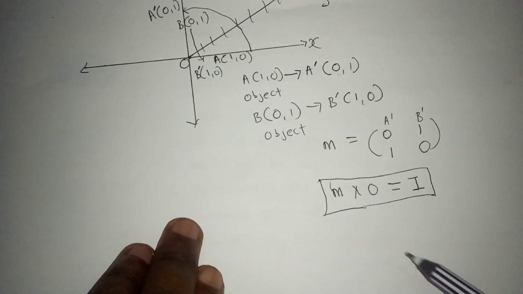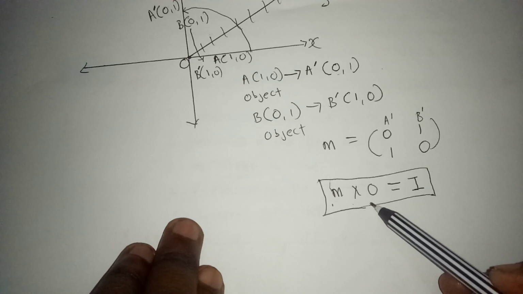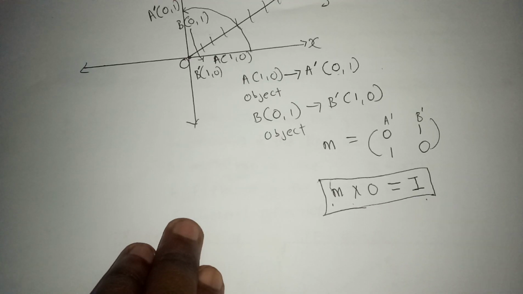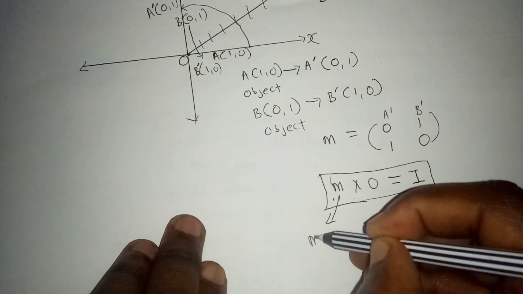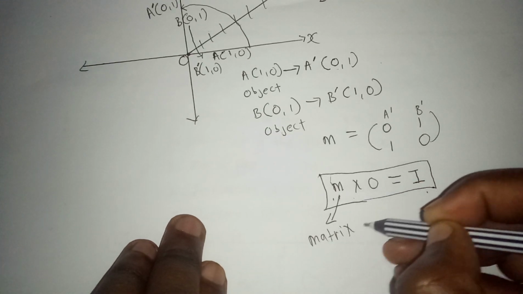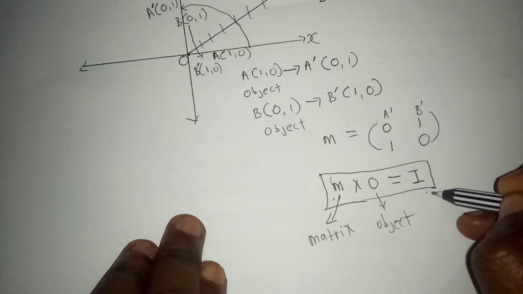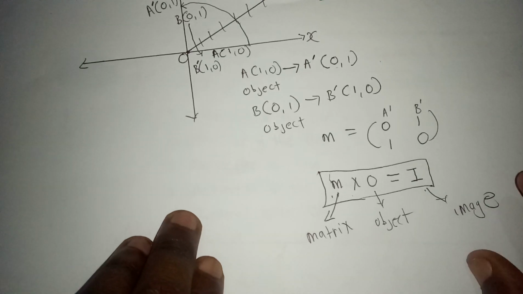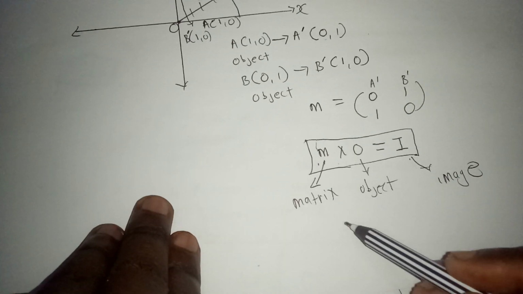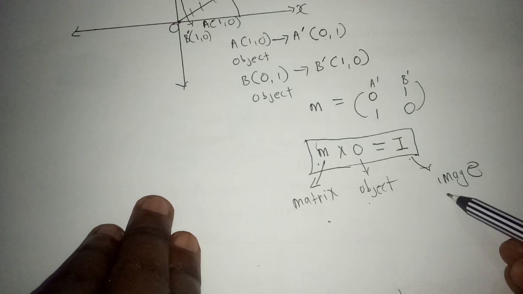So matrix times object always gives you what? Image. This M represents matrix, this O represents object, and this I represents image. So matrix times object, you always get an image.